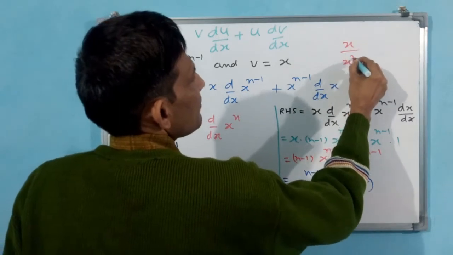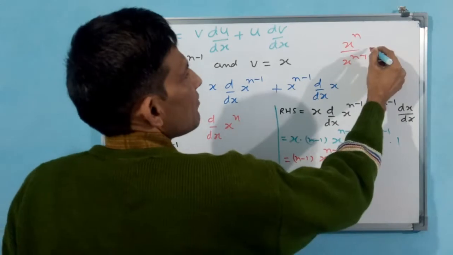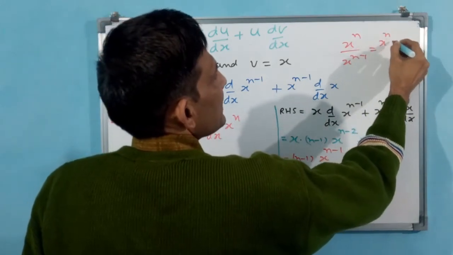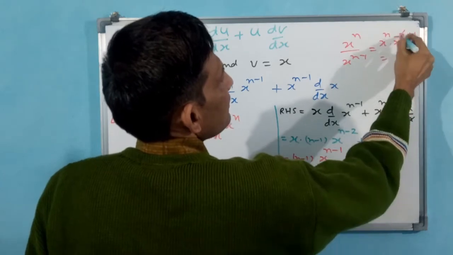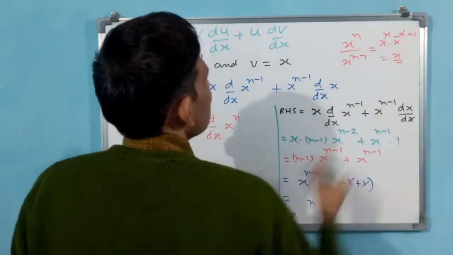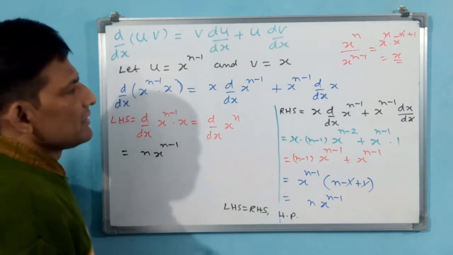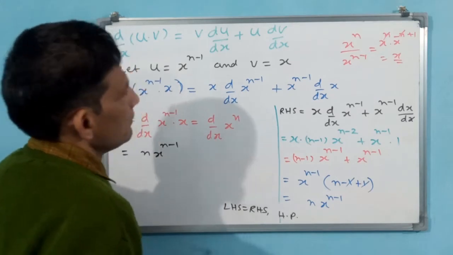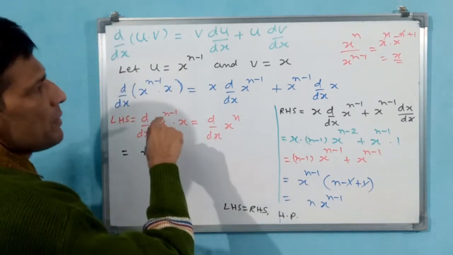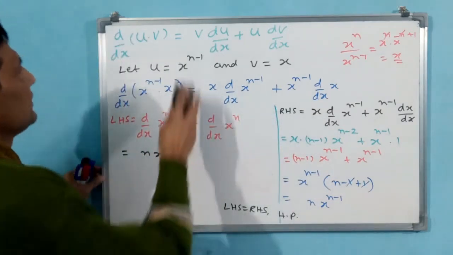X by x power n minus 1. No, x power n we can take. Then what will happen? X power n into x power minus n plus 1. That is equal to minus n plus 1, x will come. Okay, like that we will take. Okay, let us do. Let us go.